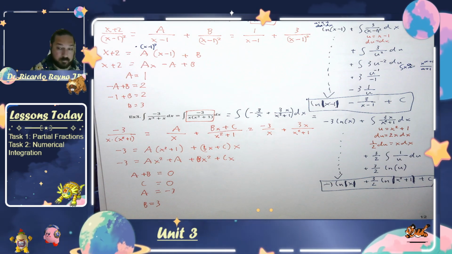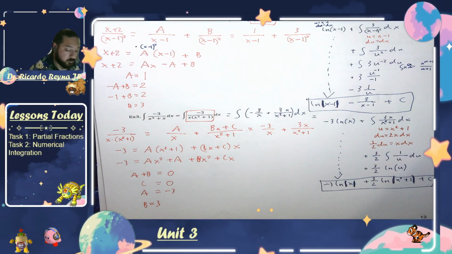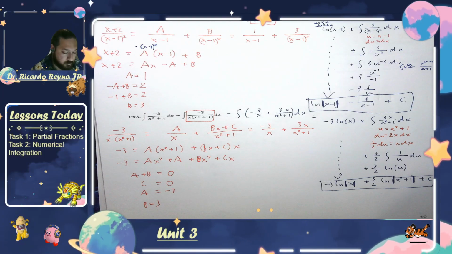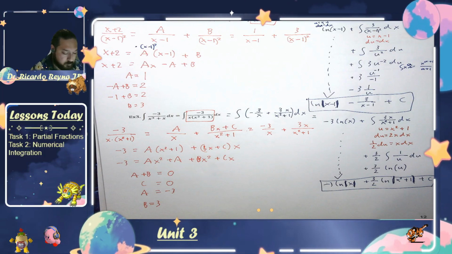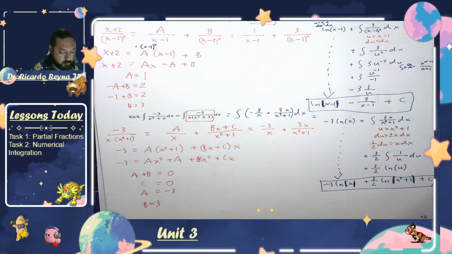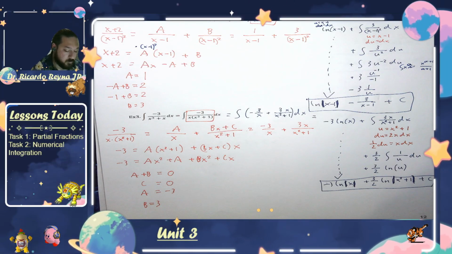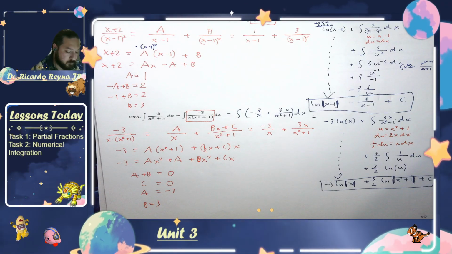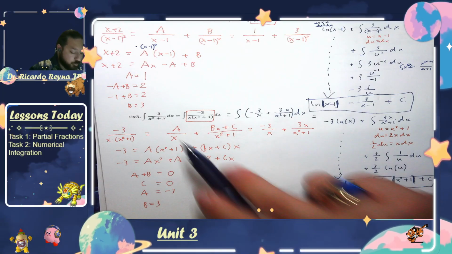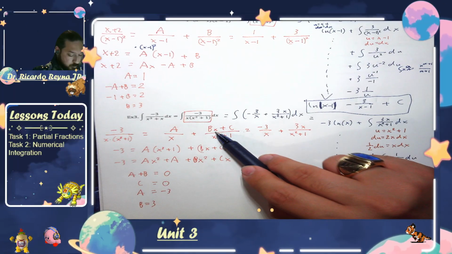Let's keep it going, because now we have a simple looking linear factor, but it's a bit different now. We have negative 3 over x times x squared plus 1, which has both a linear factor and a quadratic factor. So the setup is using one linear factor and then the quadratic factor, which is bx plus c.